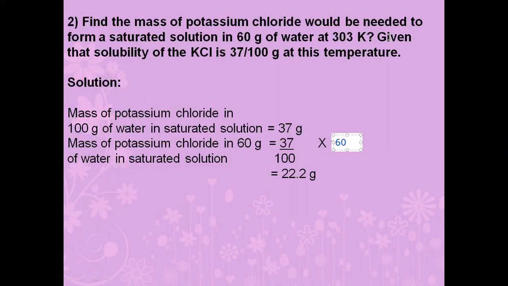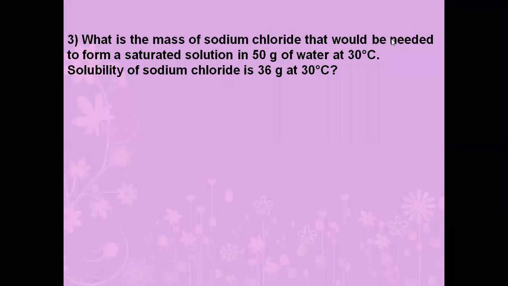So the next one is the third question. What is the mass of sodium chloride that would be needed to form a saturated solution in 50 gram of water at 30 degrees Celsius? Solubility of sodium chloride is 36 gram at 30 degrees Celsius. How did we find out question number 2?